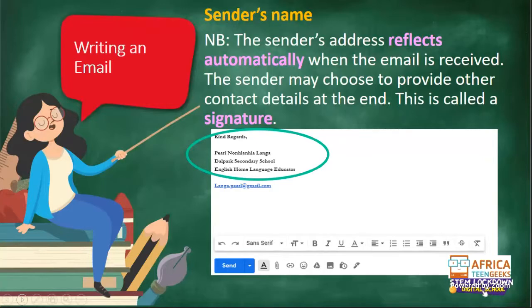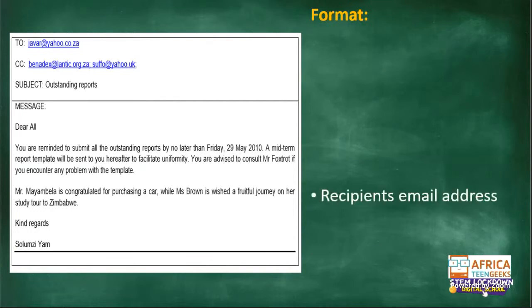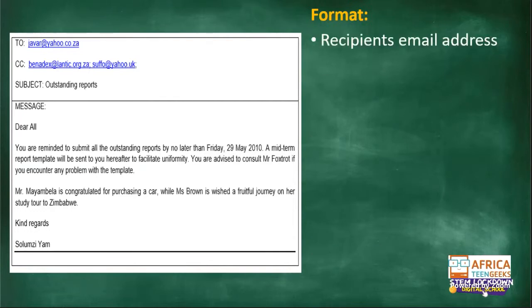Let's now move on to physically writing an email on a piece of paper. Let's pretend this is an exam. Your teacher has asked you to write an email as part of your assessment. At the very top of your folio paper, responding to the question asked, you would have the recipient's email address.